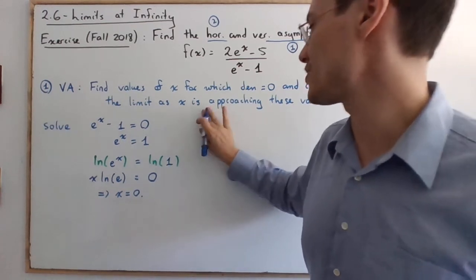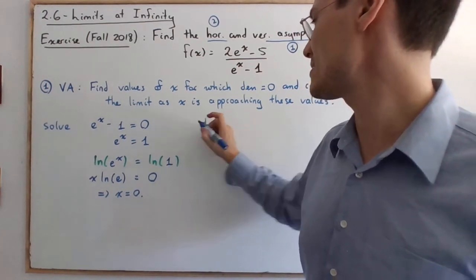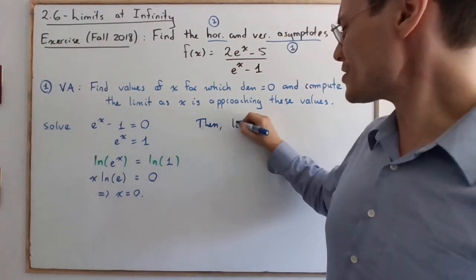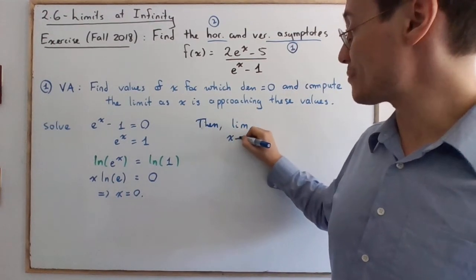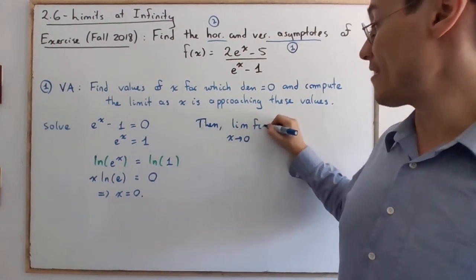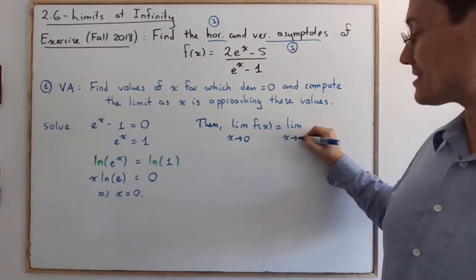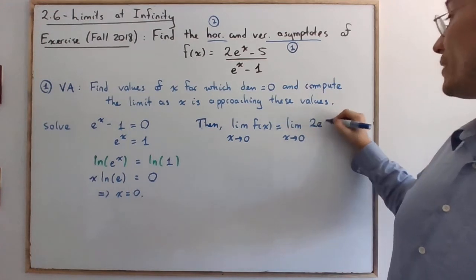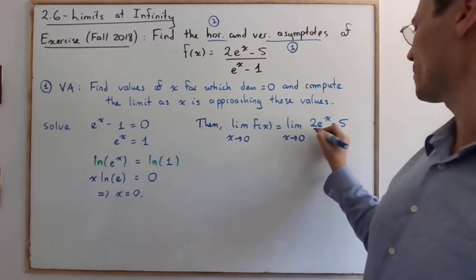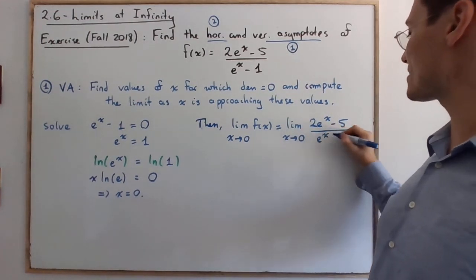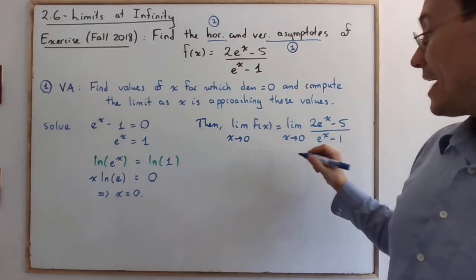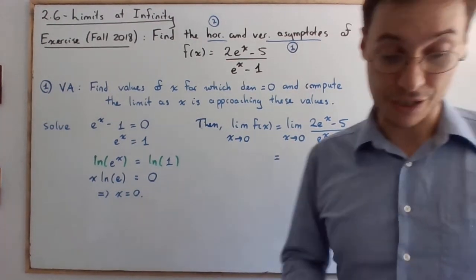Then we just write the limit as x is approaching 0 of f of x, which is the same as the limit as x is approaching 0 of 2e to the x minus 5 over e to the x minus 1. And then we use direct substitution.